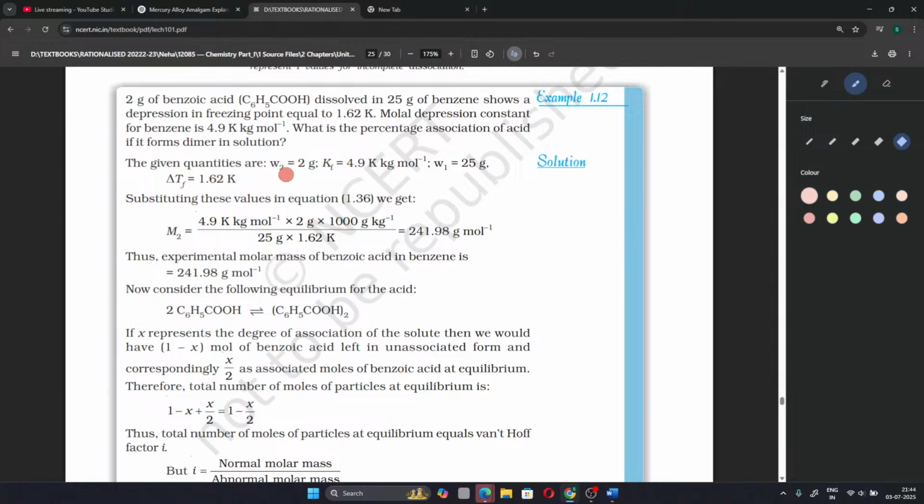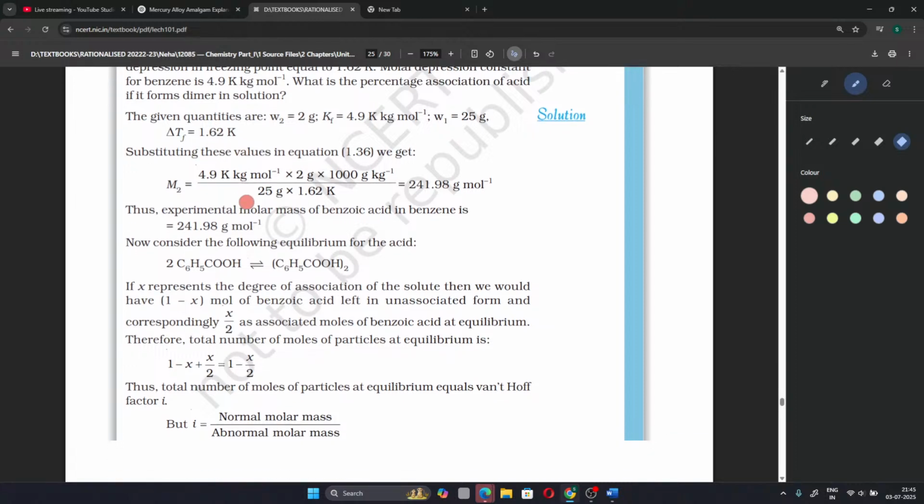Given quantities: 2 grams of benzoic acid as solute, 25 grams of benzene as solvent, cryoscopic constant 4.9 Kelvin kg per mole, and the change in freezing point is 1.62 Kelvin.